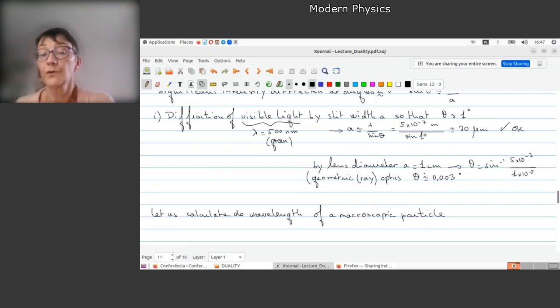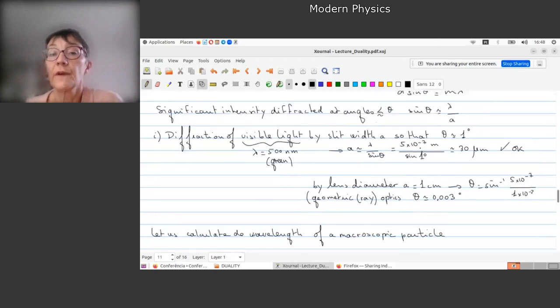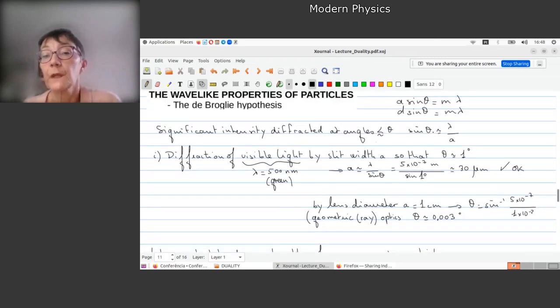So what I want to emphasize here is that in order to observe effects of diffraction, essentially you have to have apertures or dimensions of your object which are similar to the wavelength, because you know that sine theta is between 0 and 1 typically.